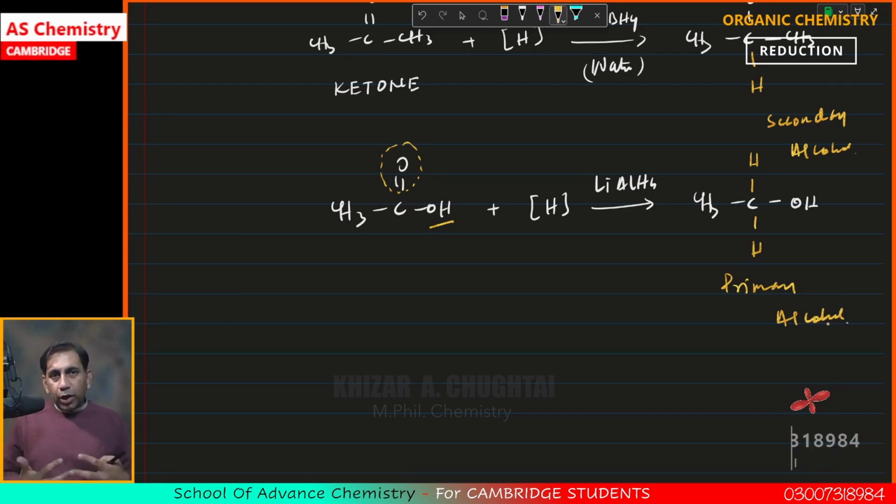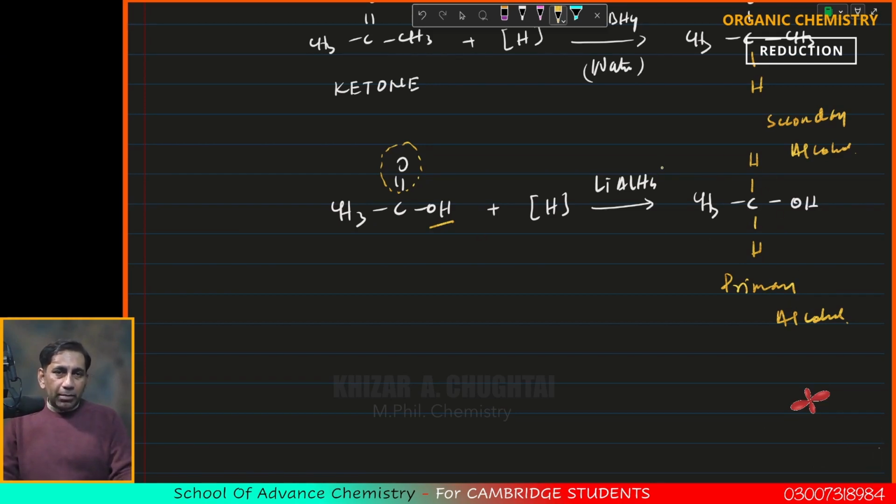So whenever you are going to reduce, as far as your level is concerned, as Cambridge chemistry is concerned, you will change carboxylic acid into alcohol, that is a primary alcohol. So it's having lithium aluminium hydride, the only option, ether is the solvent, and so on.